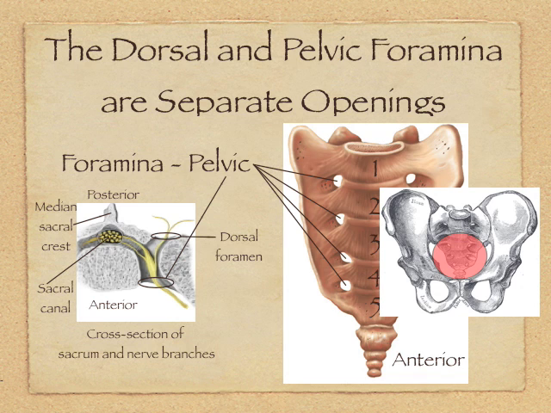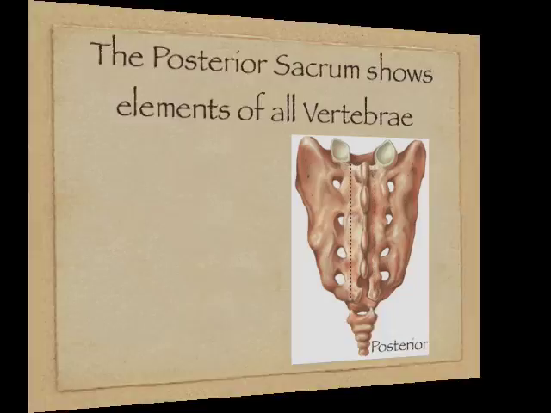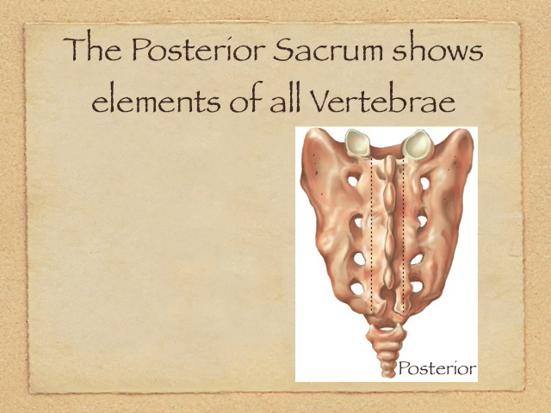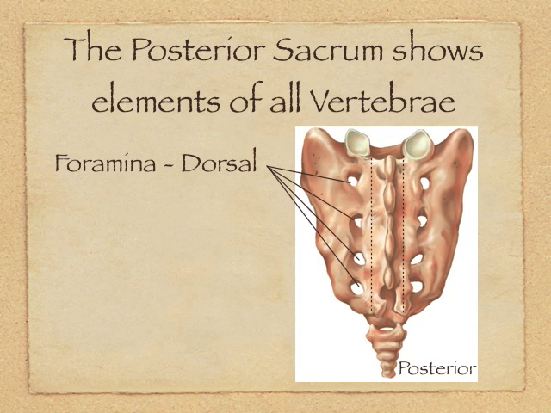And so we do have separate nerve structures exiting each one of those openings. So you do want to be able to tell the dorsal foramina from the pelvic foramina, and part of that is knowing the anterior side from the posterior side of the sacrum. And so here again are the dorsal foramina on that posterior side.